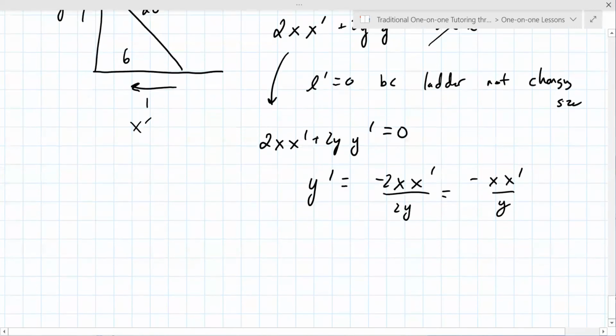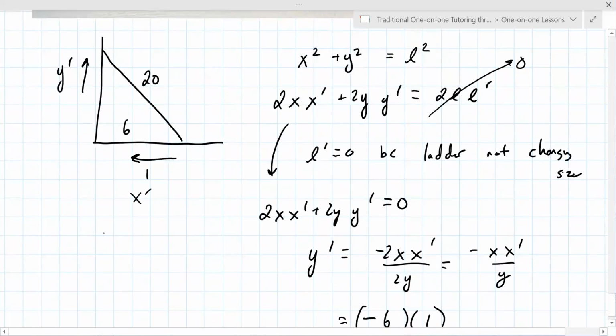So you start substituting in, and you may or may not have certain values. You have x, I guess. It's 6. Okay, x prime is 1. Y we don't have, we have to calculate.